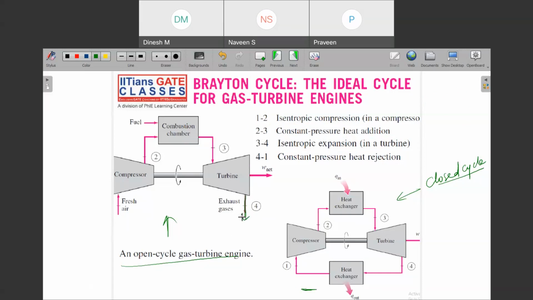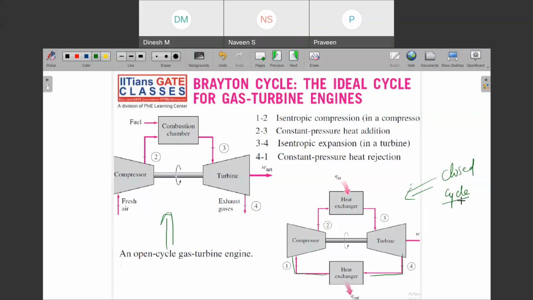Your exhaust gases are going into the atmosphere. But here your exhaust gases are being recirculated, so this is the closed cycle.